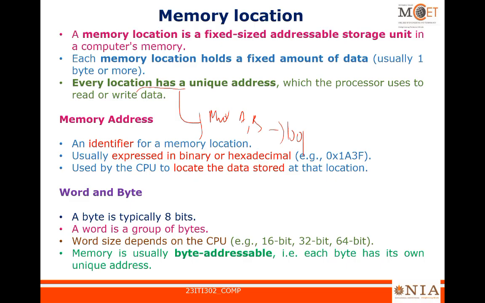For example, a processor may access 16 bits, 32 bits or 64 bits. Byte addressability comes under these memory topics: memory is usually byte addressable, so each byte has its own unique address, which I have already mentioned.